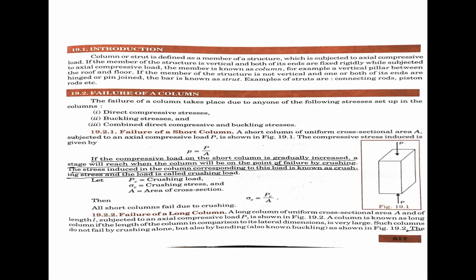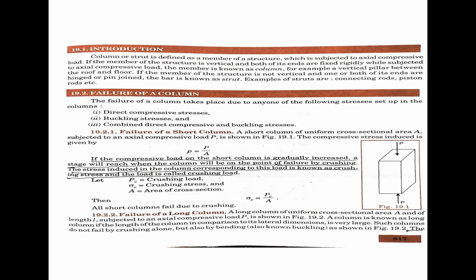A column is known as a long column if the length of the column in comparison to its lateral dimension is very large. That means dimensions are very high compared to a short column. Such columns do not fail by crushing. A long column does not fail by crushing, but by bending or buckling or crippling. That is called failure of a long column.